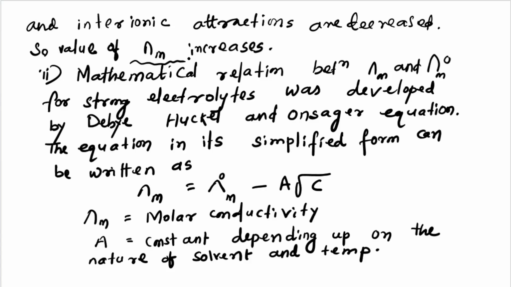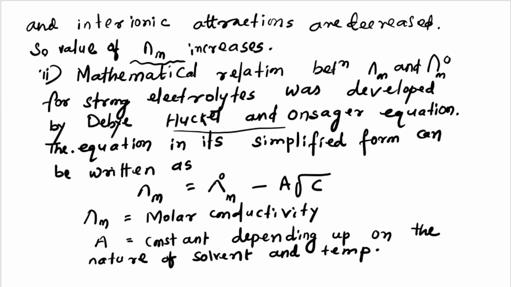The mathematical relation between molar conductance and molar conductance at infinite dilution for a strong electrolyte was developed by the scientists Debye, Huckel and Onsager, and is called the Debye-Huckel-Onsager equation.